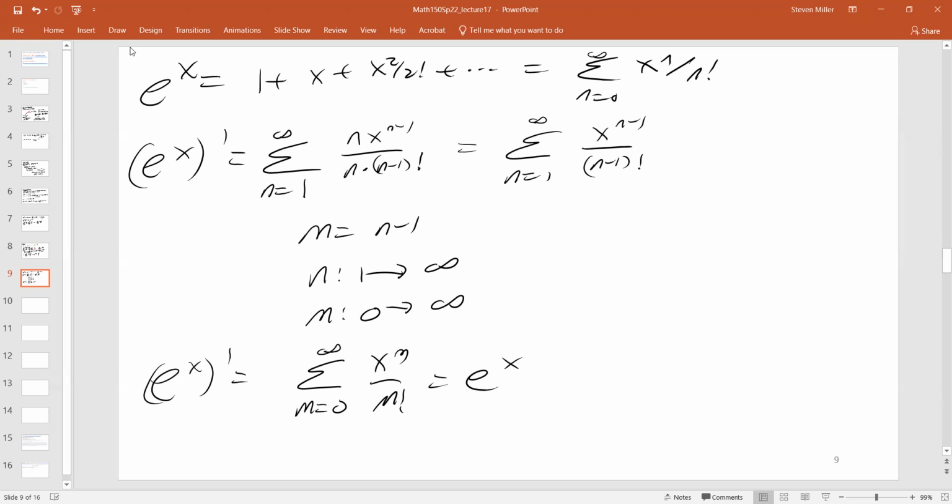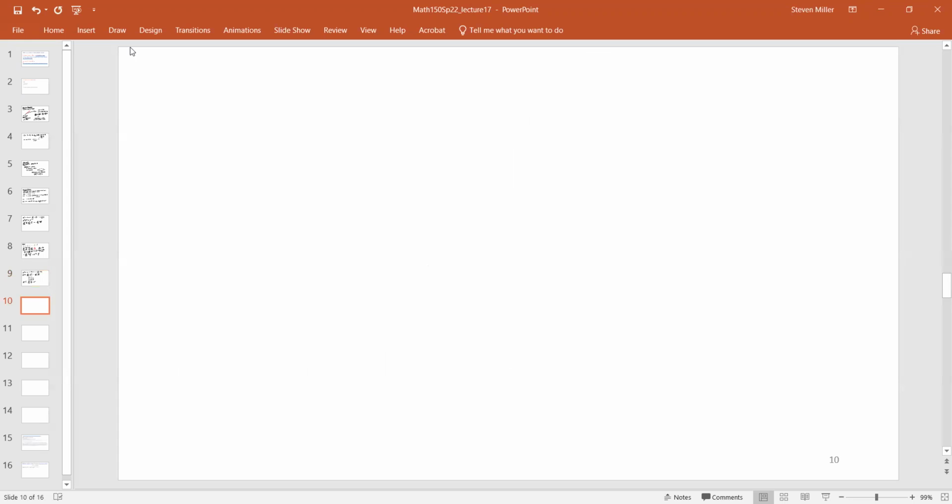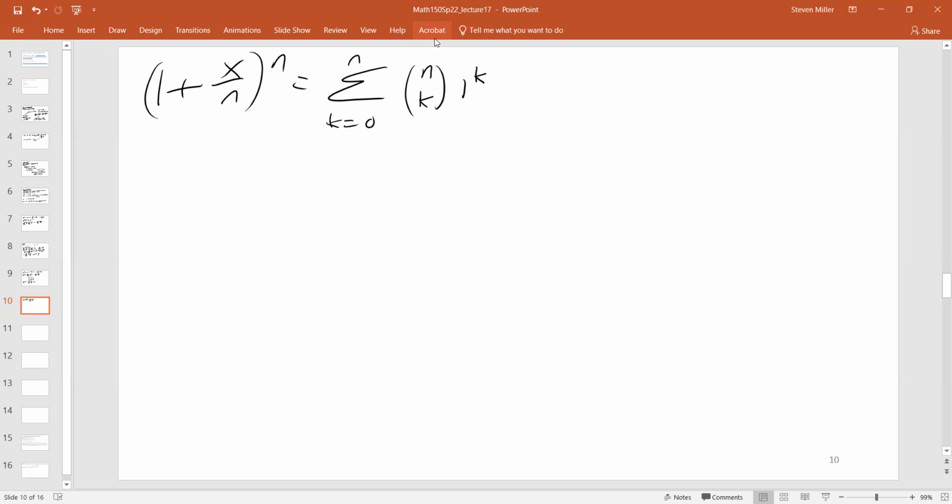So hopefully, let's look at 1 plus x over n to the n. This is going to be the sum, k goes from 0 to n of n choose k, 1 to the k, and then x over n to the n minus k.